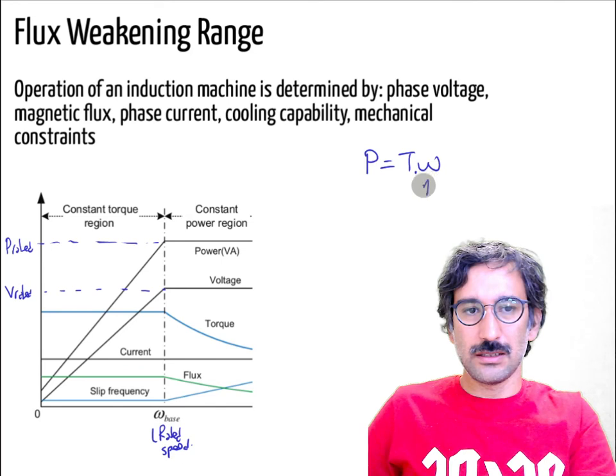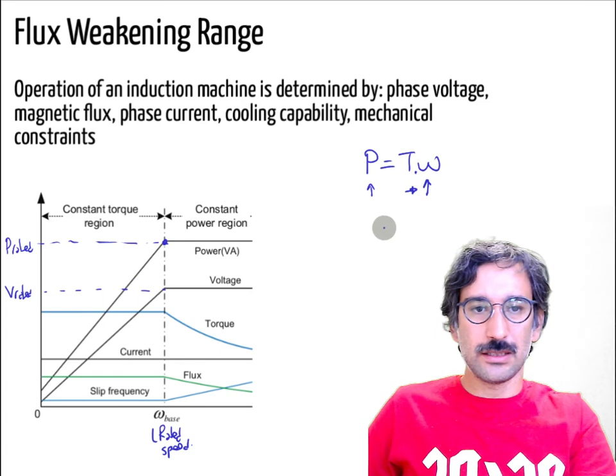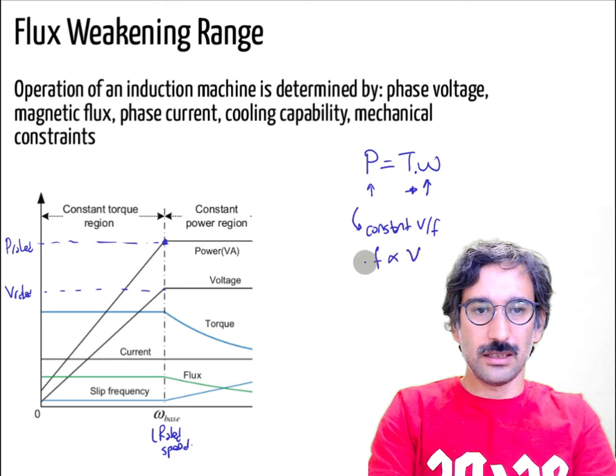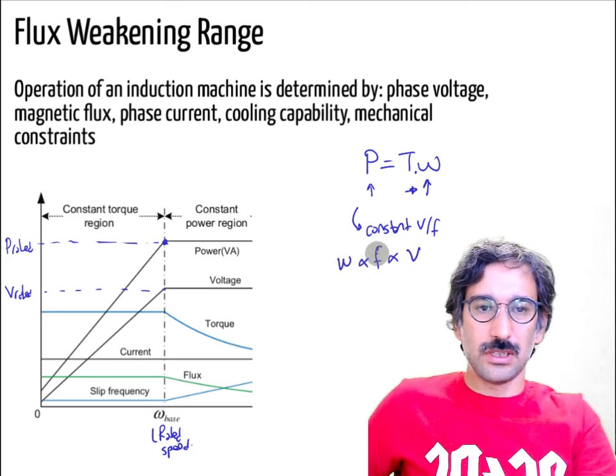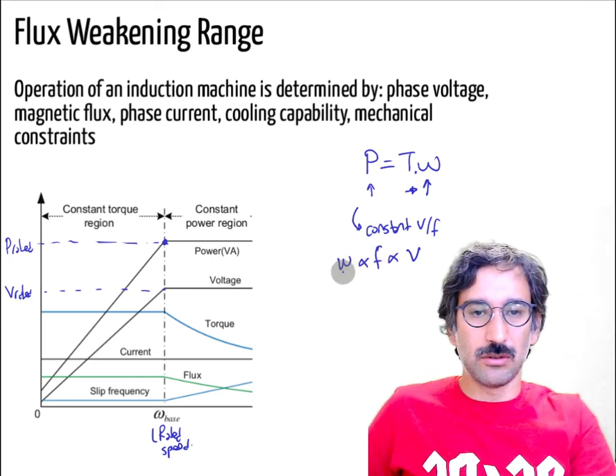As you increase the speed with constant torque, power increases, so your motor is drawing more and more power. Similarly, at first it is constant V by F. F is proportional to V, and the applied frequency is proportional to the synchronous speed or rotor speed.